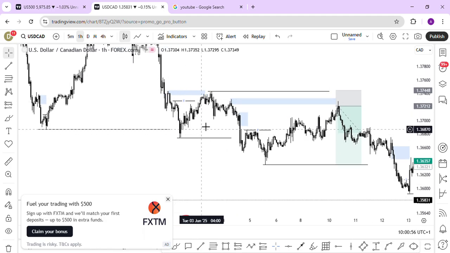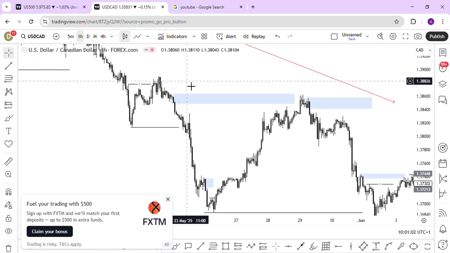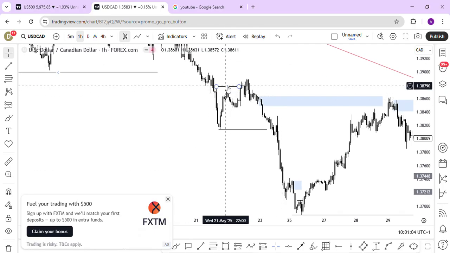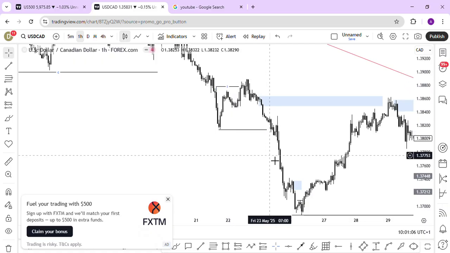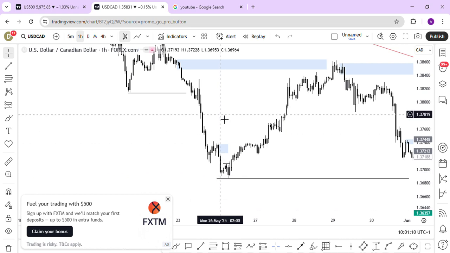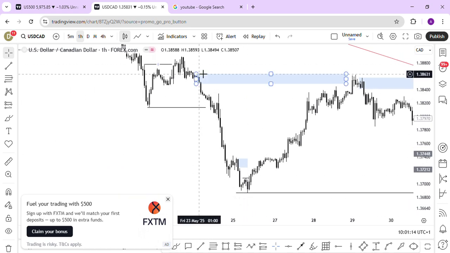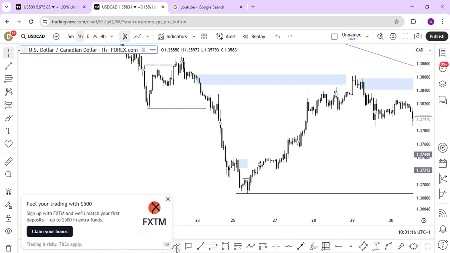So if you look at it now, the market mitigates, this is where we're coming. The market mitigates this level, takes out this liquidity, and then what? And drops. So in that scenario, look at this. After we had a drop here like this, let me mark it.